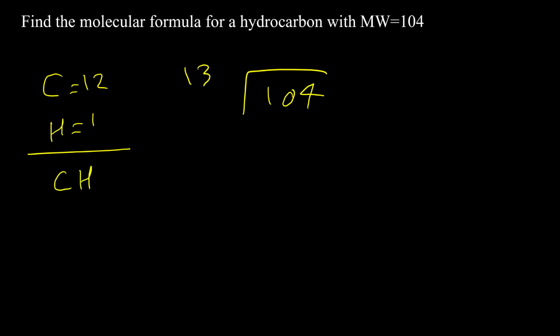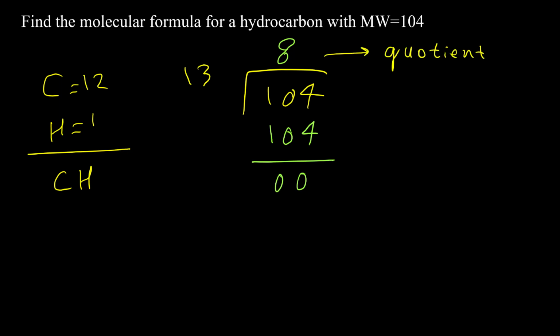So 104 by 13, the answer is 8. 8 times 13 is 104 and remainder is 0. 8 is quotient and it tells us we have 8 of CH in our molecule. So we have 8 of CH, or we can write C8H8.